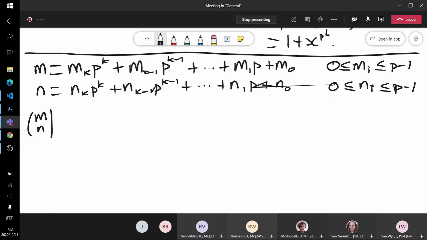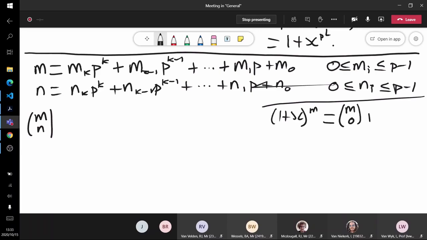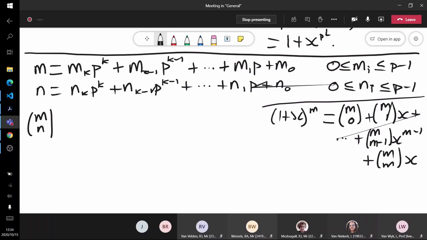Just a quick reminder, perhaps a little segue on this side: if you take 1 plus x to the power of m for any integer m, and you multiply that out, what you're going to get is m choose 0 plus m choose 1 times x, and so on, up until m choose m minus 1 times x to the m minus 1, until finally m choose m x to the m.